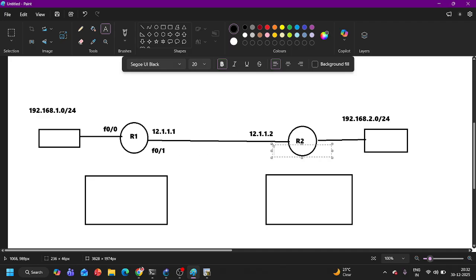Let's say 2. 2 subnet only, right? But total how many subnets are there in my network? 4. Sometime in production you will have 1000 total subnet, and all 1000 subnets should be there in the routing table of each and every router.